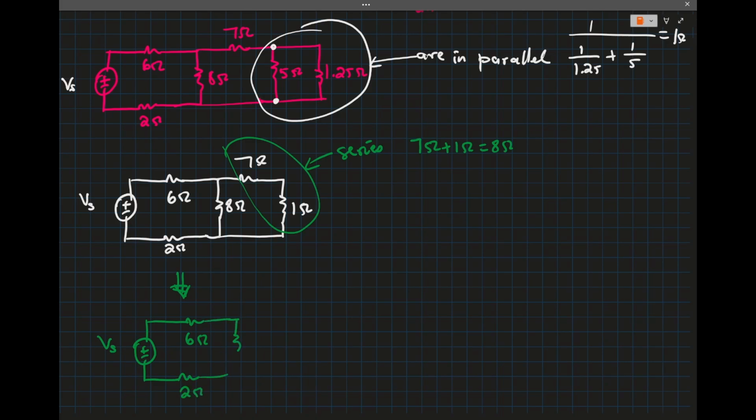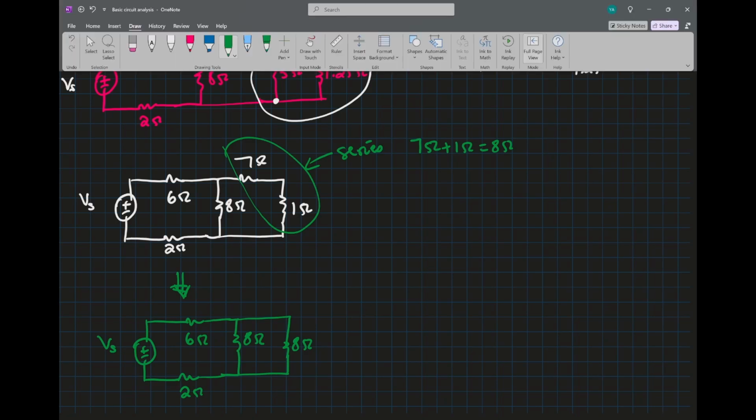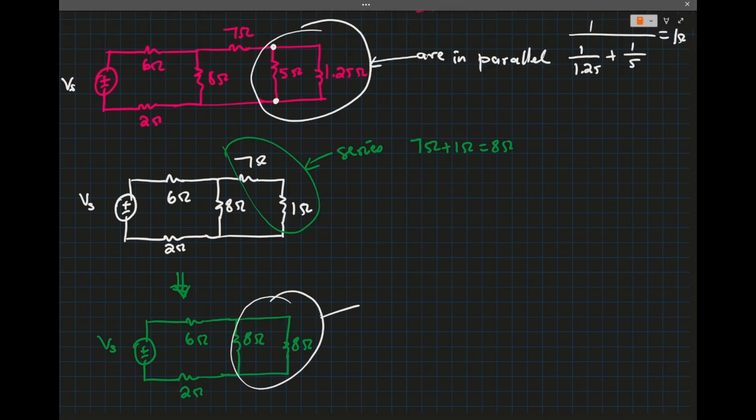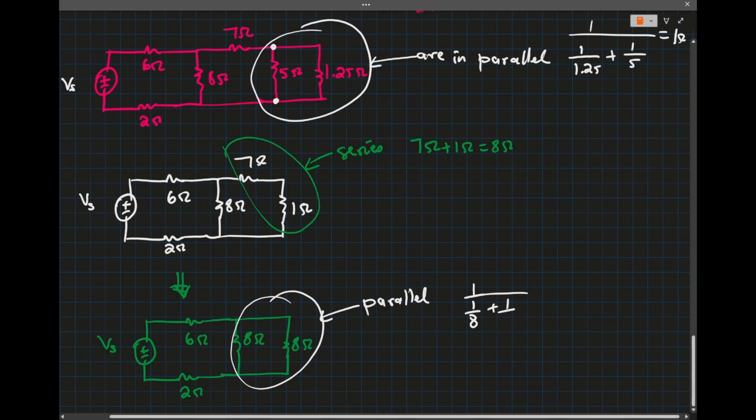Then we have 8 ohms and 8 ohms in parallel. So 1 over 8 plus 1 over 8, which is 4 ohms.